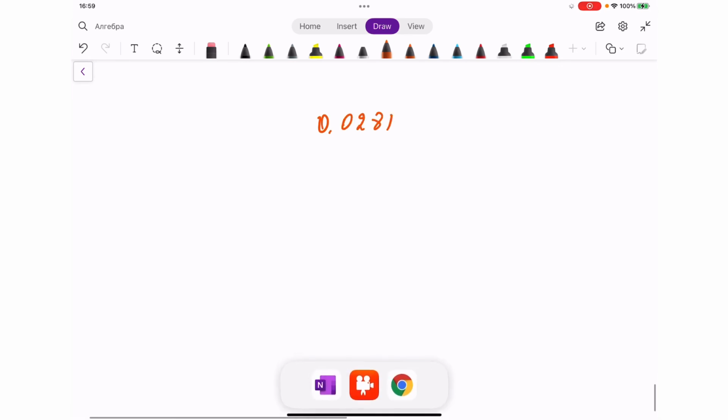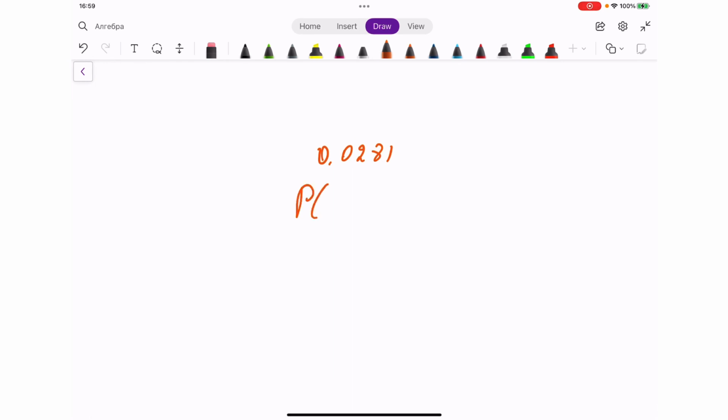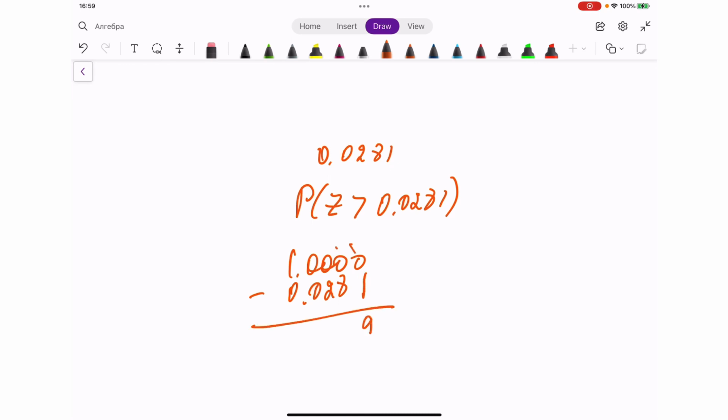Okay, and since it's asking for the probability for z-score greater than that, it's asking for the right side. So we have to do 1 minus 0.0281. 9 minus 8 is 1. 9 minus 2 is 7. This is going to be 9 here left, 0.9719.